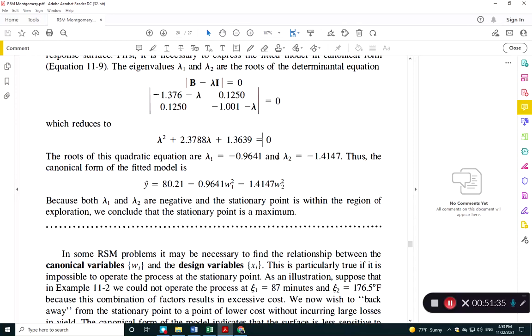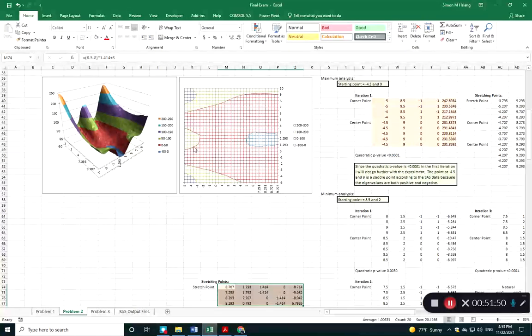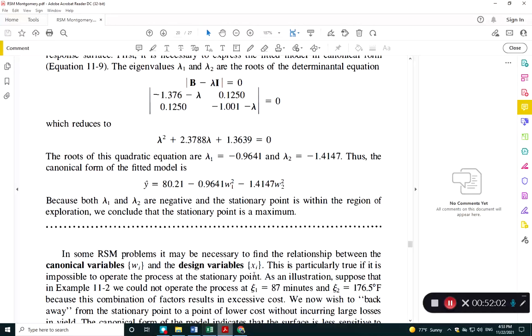But here, I would tell you that you only need to solve the quadratic term how many times in our problems? One, two, three, and four. So you only need to solve the quadratic terms 4 times.